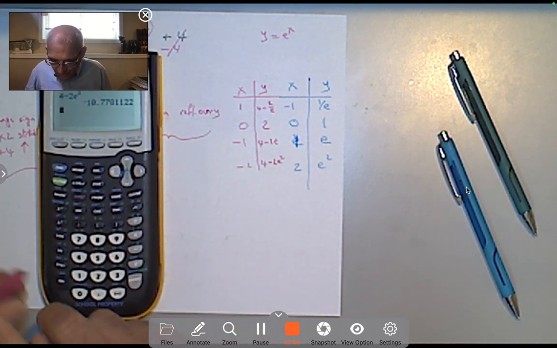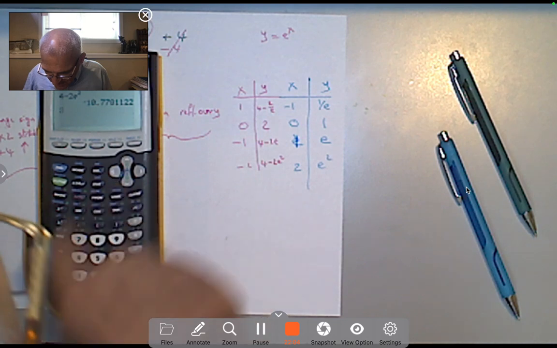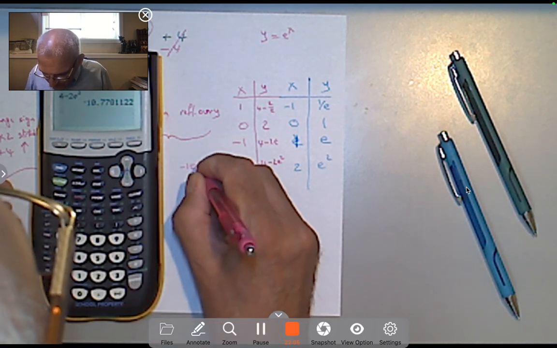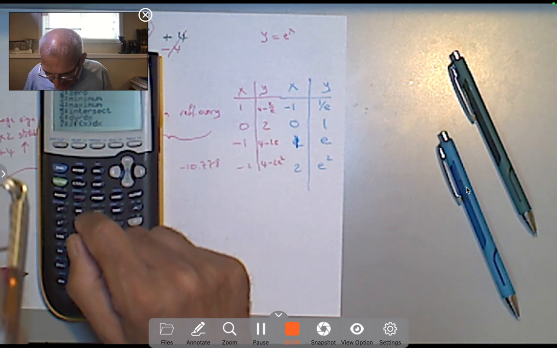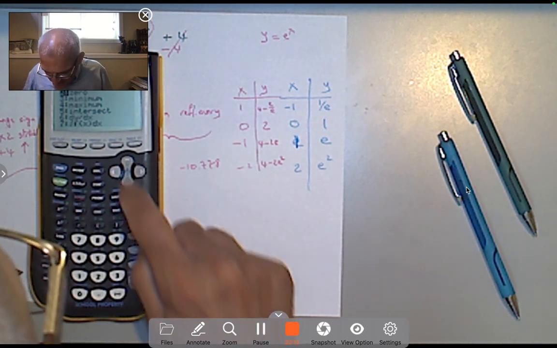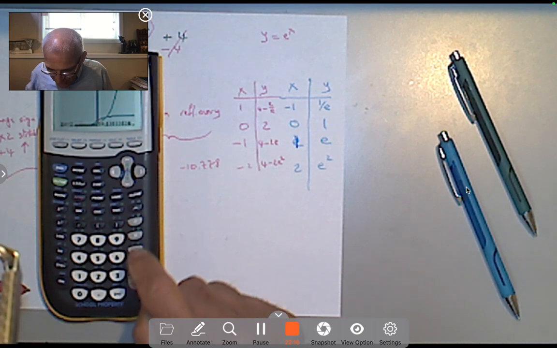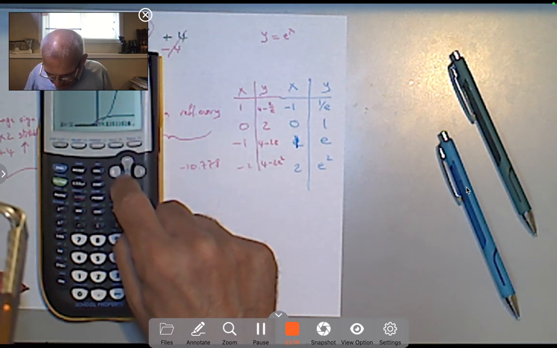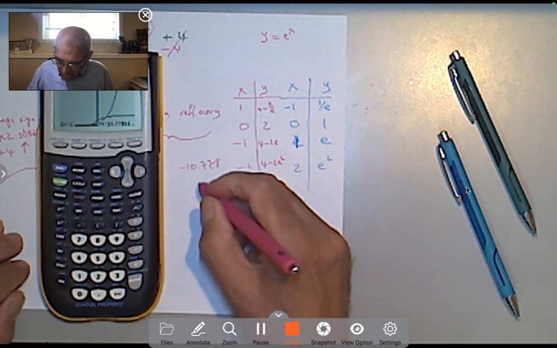It's negative 10.778. Now let's see if we get this number. If I go to the calculator and take the value at x equals negative 2 for the parent function, that's the other, negative 10.778. So it's correct.